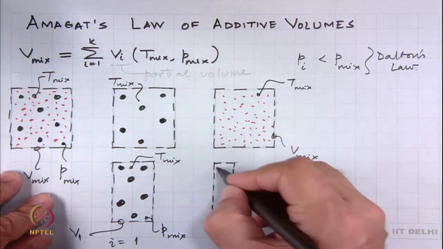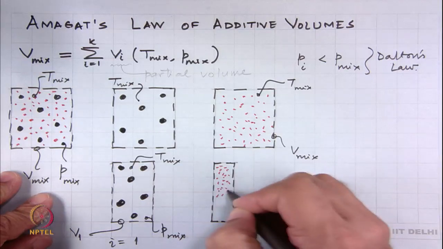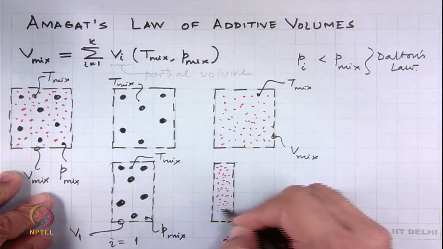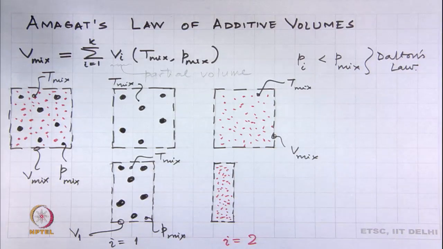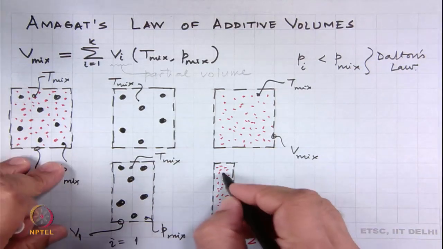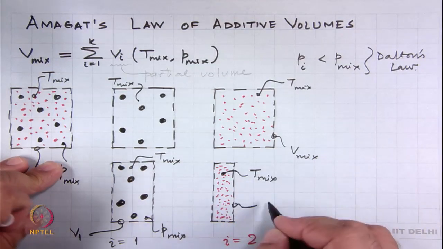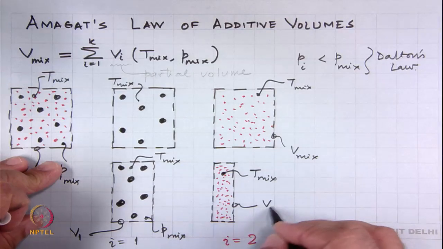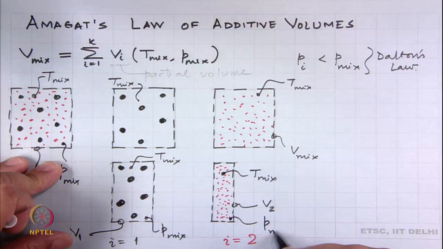So, these molecules are now in a smaller volume, such that the temperature is the same as the mixture temperature, the volume is now V 2 and the pressure is the mixture pressure.